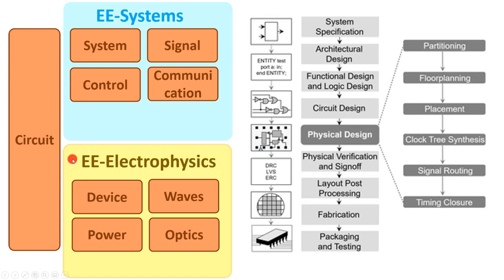So circuit design is coming from top to bottom, include every different fields. So electrical engineering really is to build an electronic system or electrical system using your information technology. So it includes the system for information and also electrophysics for the powers.